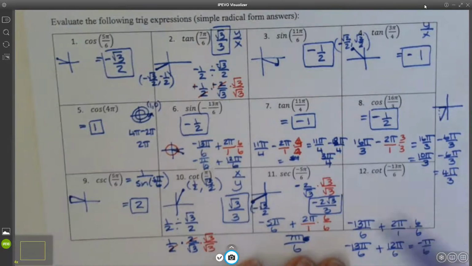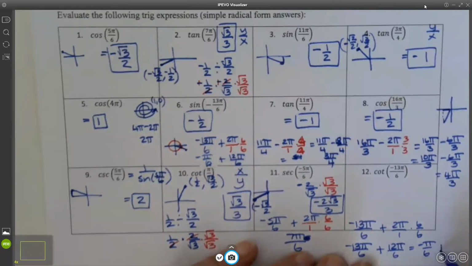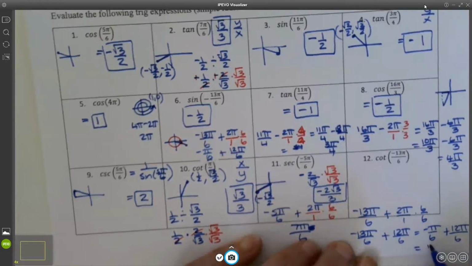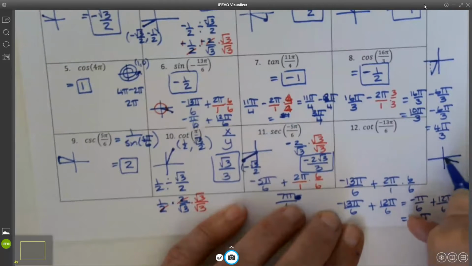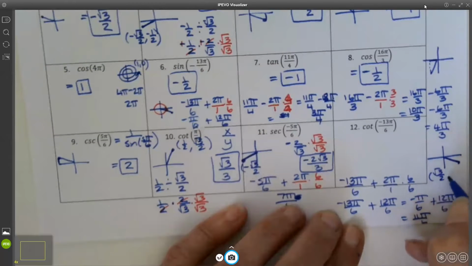This might look familiar because we already did it back here in question number 6. So again, if we add 12 pi over 6 again, it's going to equal 11 pi over 6. And so this on the unit circle is right there. That's the ordered pair. The x coordinate's √3 over 2, and the y coordinate is negative 1 over 2.